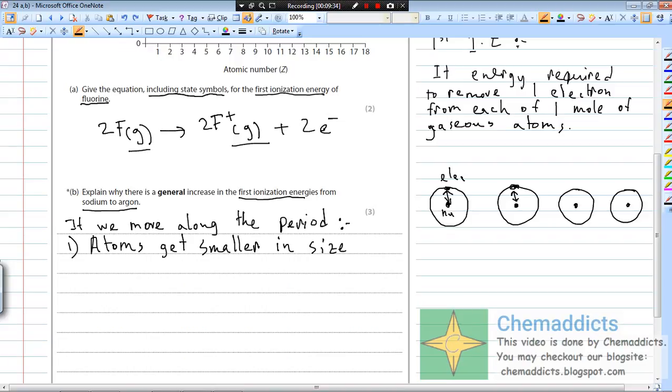So along the period, take period 3 for instance. For period 3 there are a total of 3 shells, so 2 would be the inner shells.